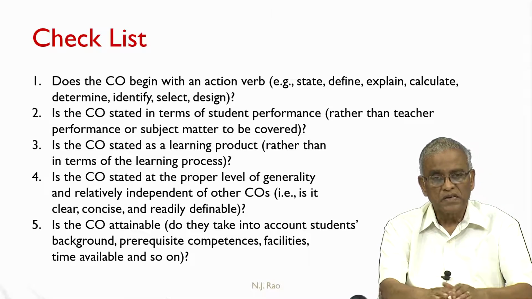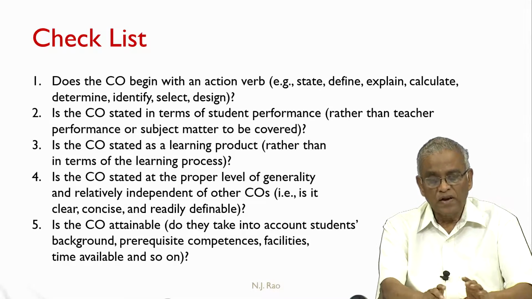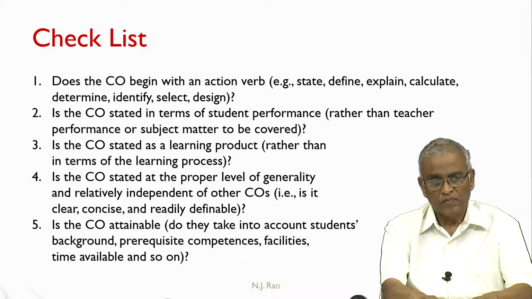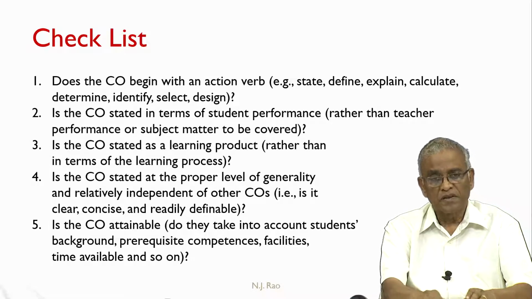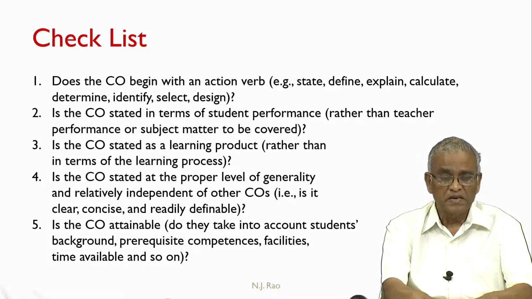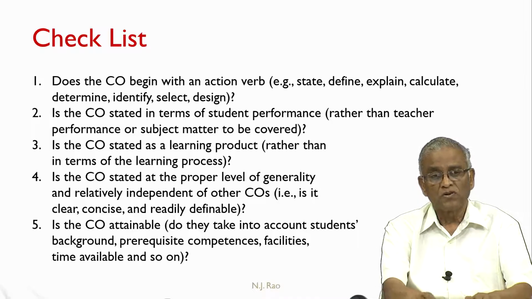And the next thing is, is the CO attainable? For example, a particular CO may not be attainable either because of the background of the students, or they do not have prerequisite competencies, they do not have the required facilities nor time available, and so on.